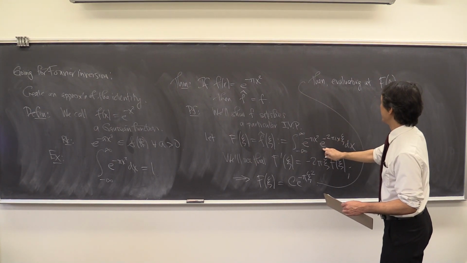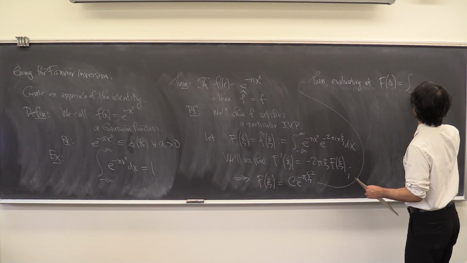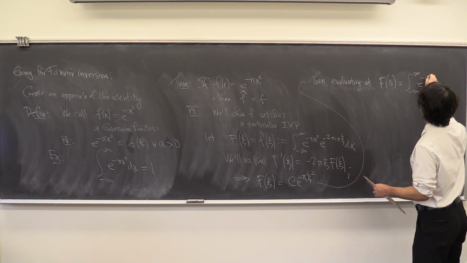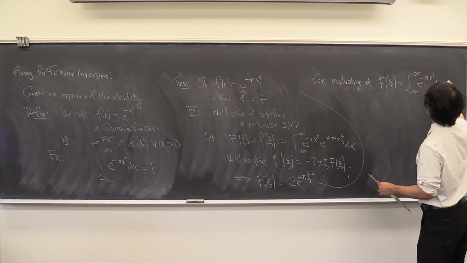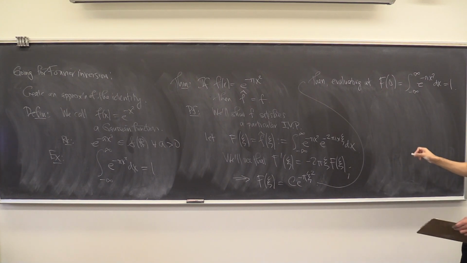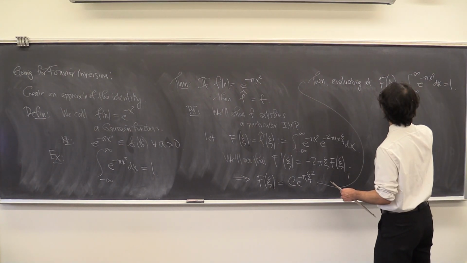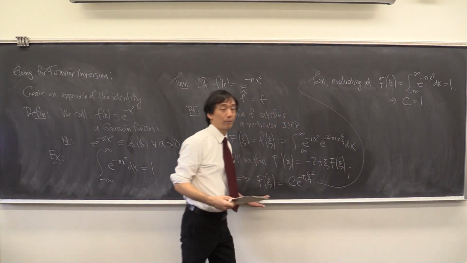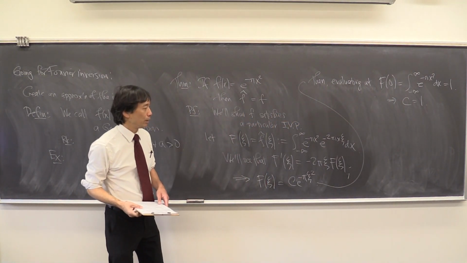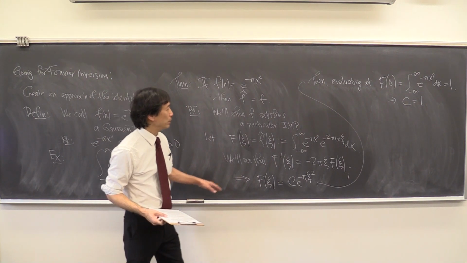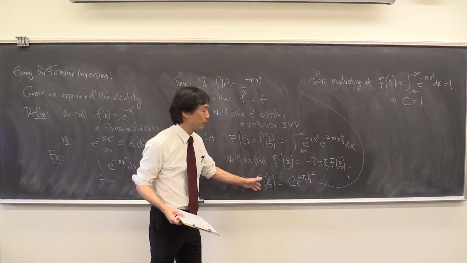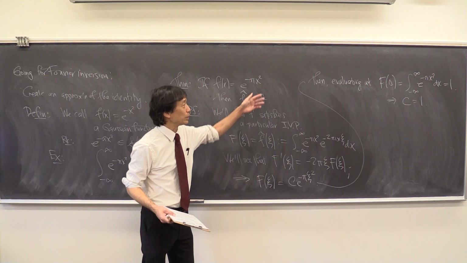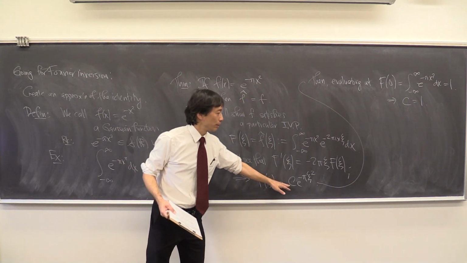F of 0 is going to be the integral of e to the negative pi x squared dx, which is 1, right? Which tells us that the constant is equal to 1. Okay, right. So f hat will still be equal to f.